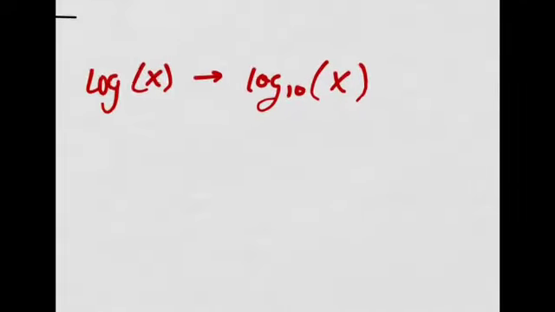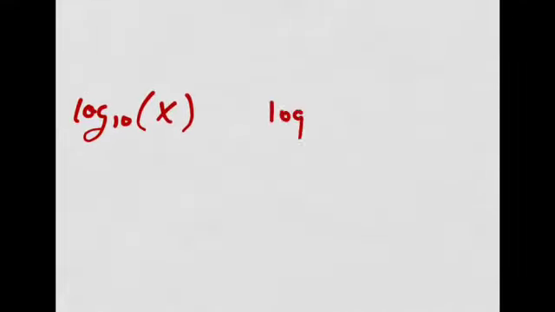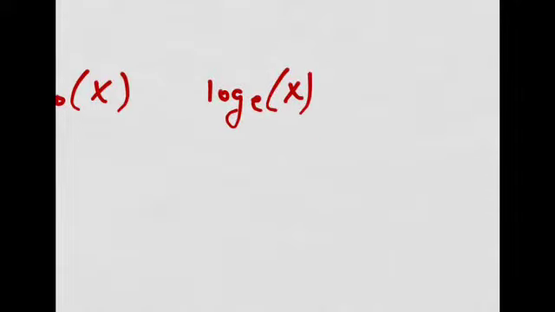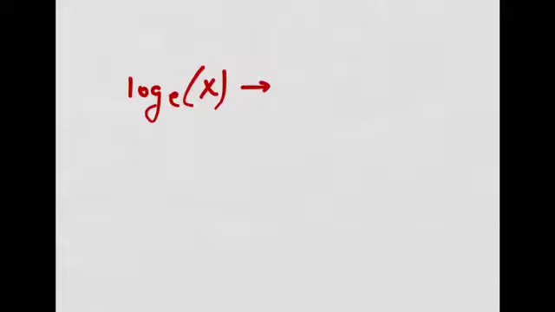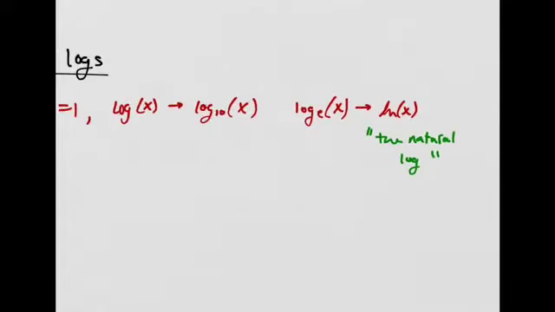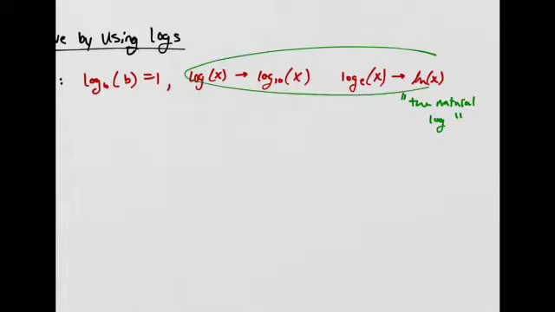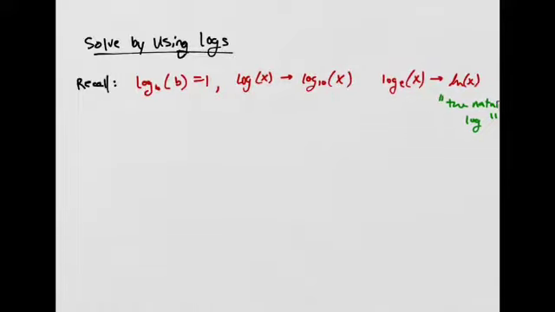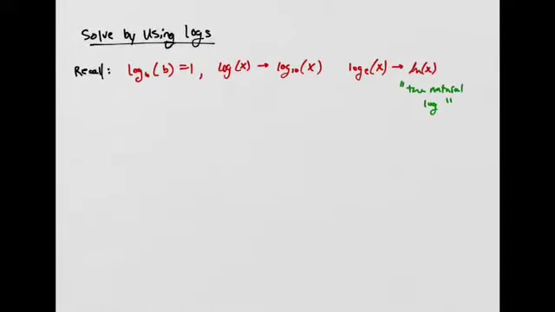And then the last one, if we have log base e of x, that's the same thing as ln, the natural log, ln of x. So there we go. These two are easy to see or use in the calculator. Some people have fancy calculators, but let's take a look at an example.